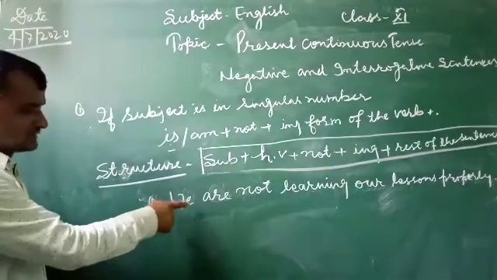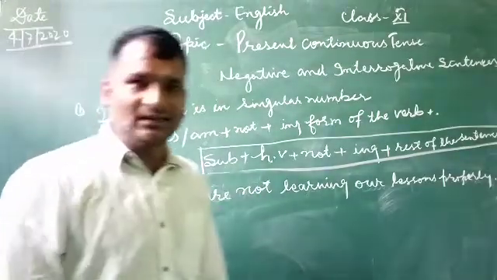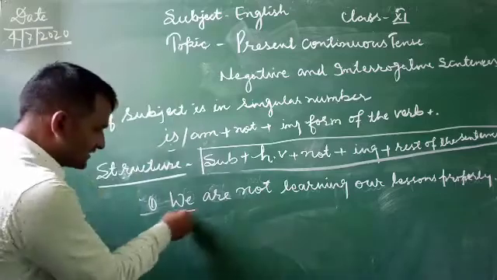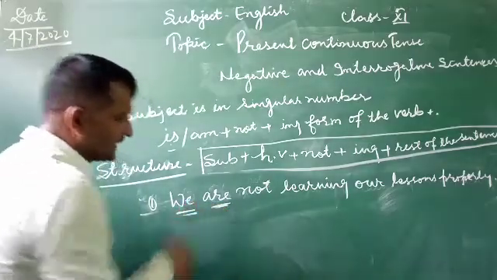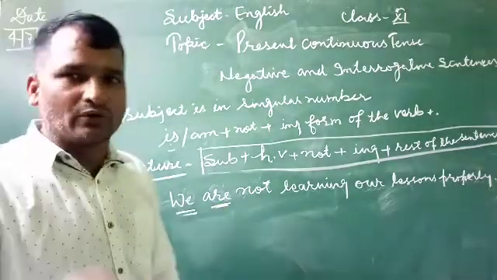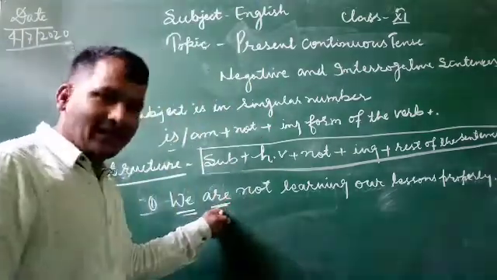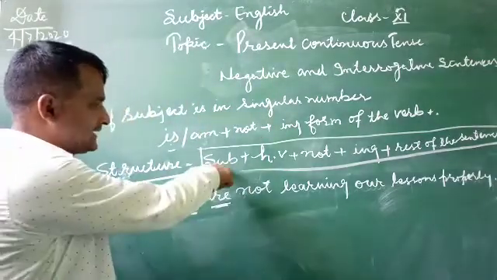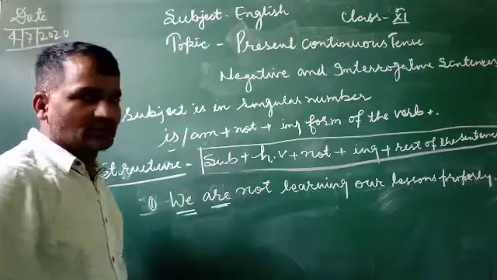This is your sentence. Here the subject is we. So in this way we have to use are here, and not is always used after the helping verb of the sentence. I have already mentioned this structure on the board.